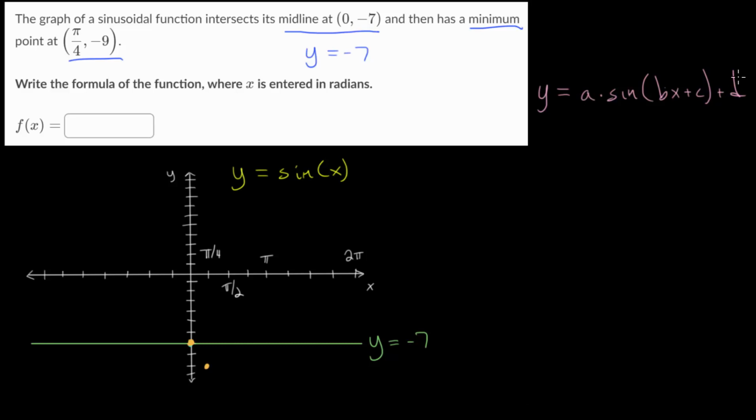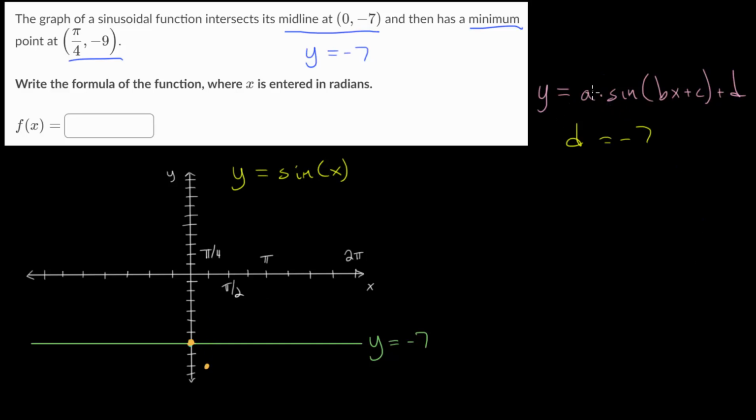Now, right away, we can determine what d and a are. Since d is just the vertical shift up or down, and it looks like we shifted everything down 7 units, we now know that d is equal to -7, and a is our amplitude.